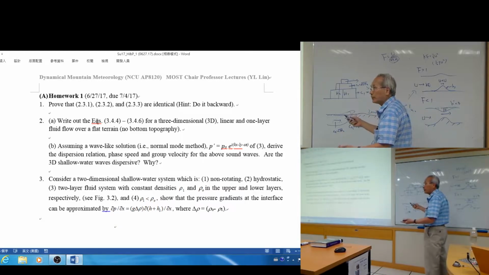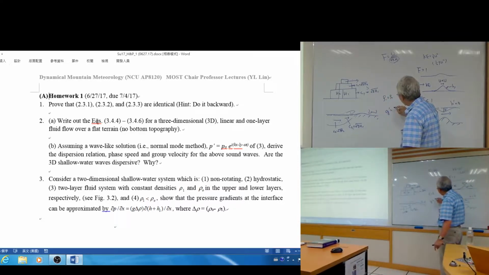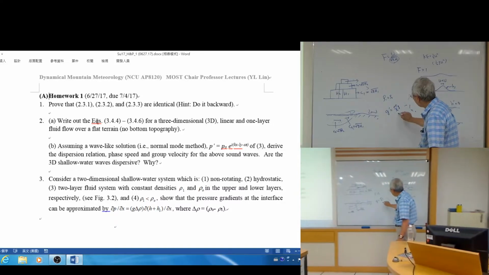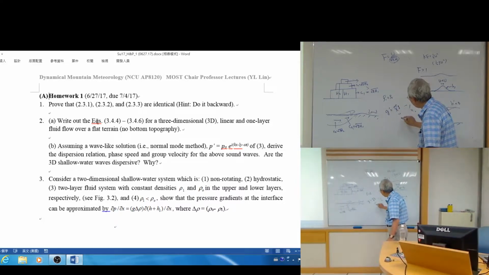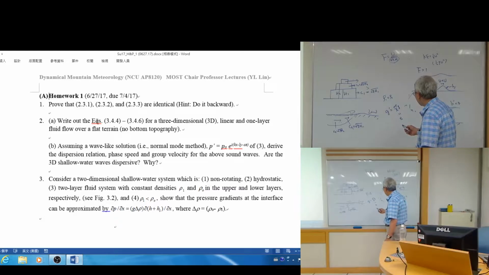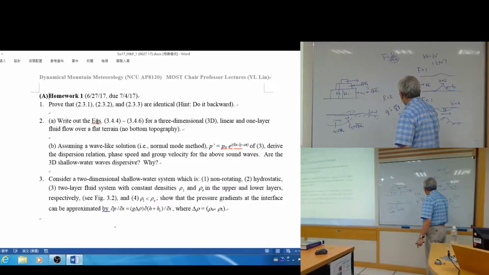So it becomes simpler. That means g prime equals what? g prime equals delta rho divided by rho naught times g, where delta rho equals rho naught minus rho 1. So it becomes rho naught minus rho 1 divided by rho naught times g, but rho 1 equals 0, so it becomes g.